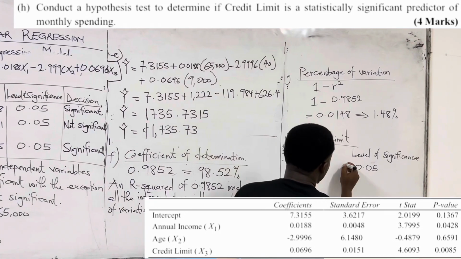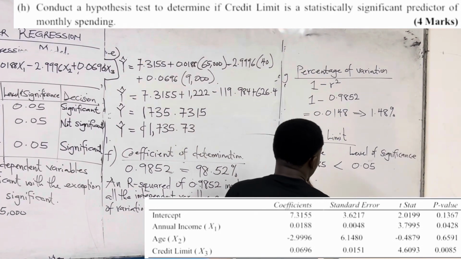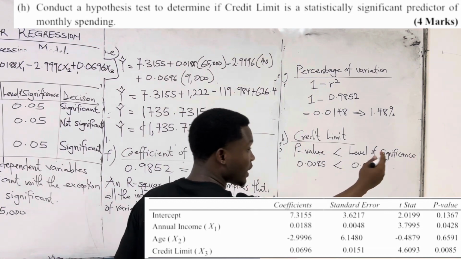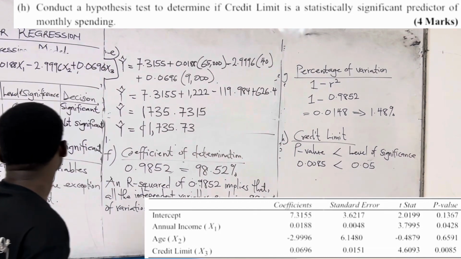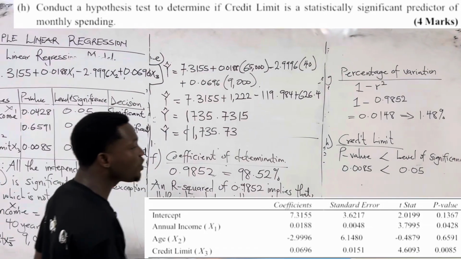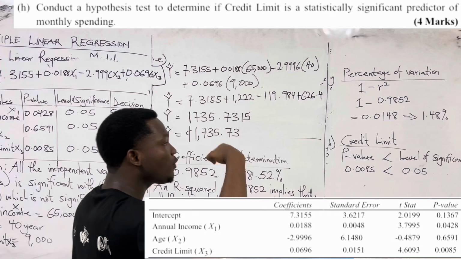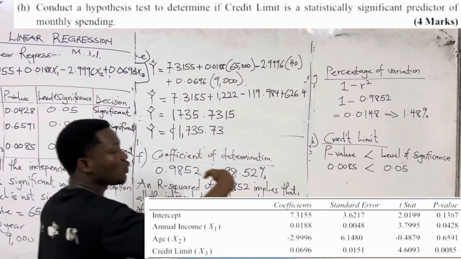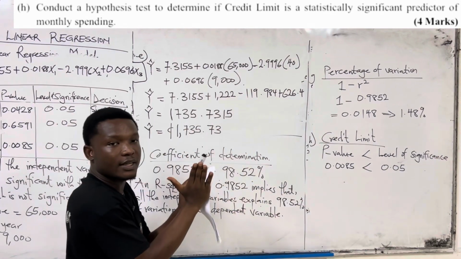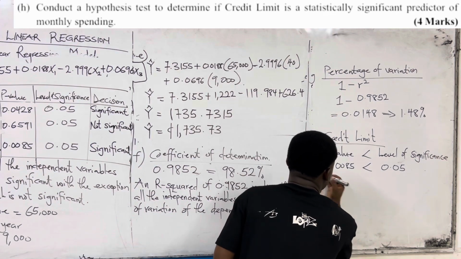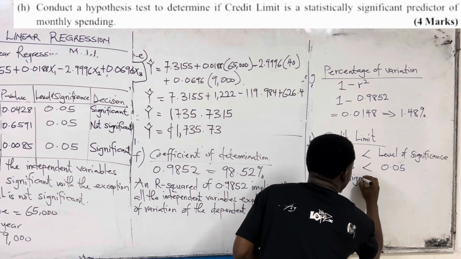So the p-value is less than the level of significance. So we can say that it is significant, because our p-value is less than the level of significance that has been given to us. So it means it fits the model.